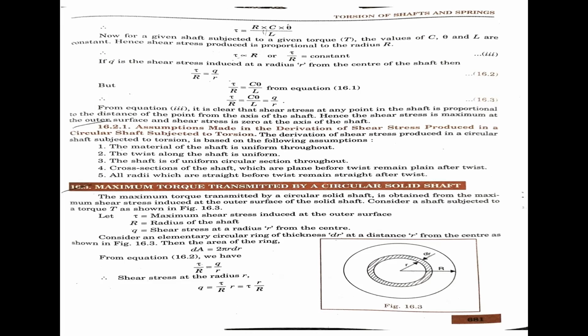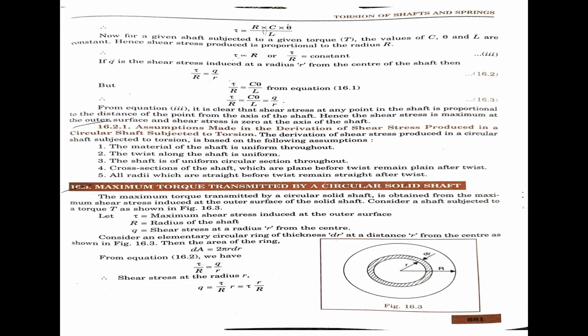See the diagram for a circular solid shaft, a combination of circles. Consider an elementary circular ring of thickness small dr. That is the element you have to take in the circular shaft at a particular point, at a distance small r from the center, as shown in figure 16.3.